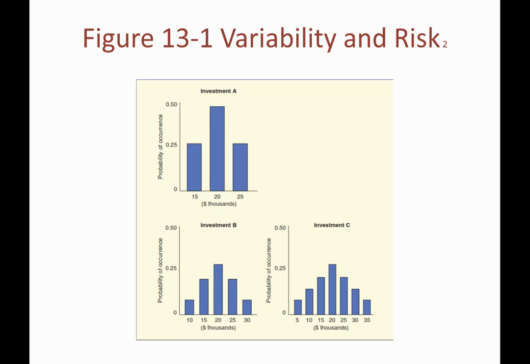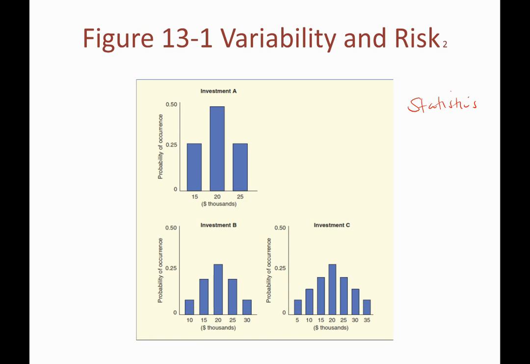We are basically borrowing from mathematics. Those who have taken statistics or any other class are more familiar with the chart you're seeing on the board. This is just a probability distribution of data for different projects, A, B, and C. We use mathematical concepts to measure and understand risk.